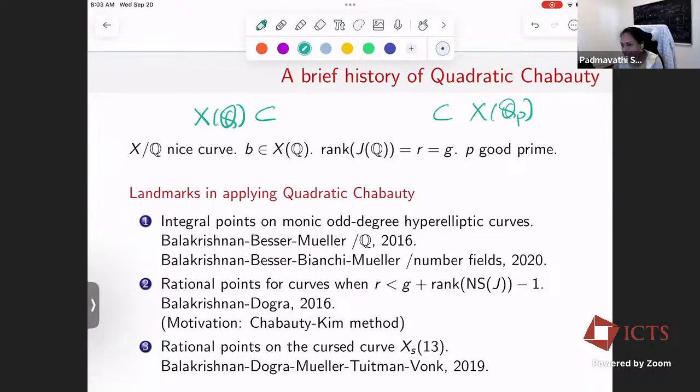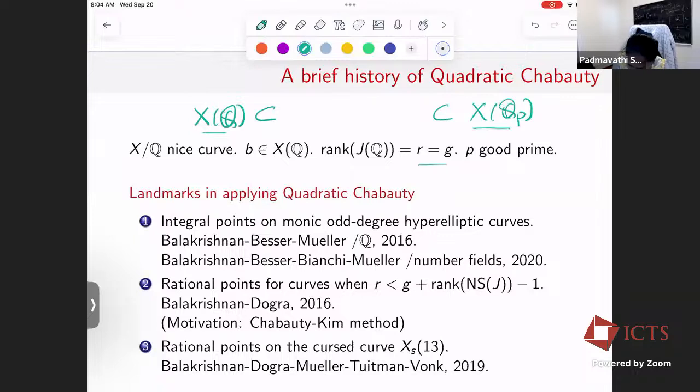So the classical Chabauty method is a P-adic method for finding the rational points inside the set of P-adic points in the low rank setting, where the rank is less than the genus, which is the case generically. Most curves over Q tend to have low rank, but many interesting curves in nature, like modular curves, tend to have high rank. And the quadratic Chabauty method in the simplest setting is built to work in the case where the rank of the curve equals the genus, plus you assume you have some additional geometric input.